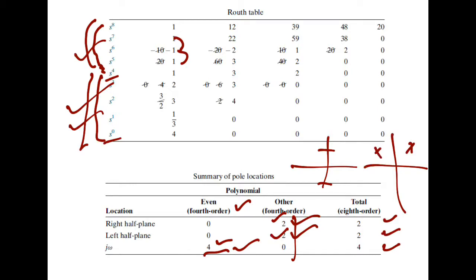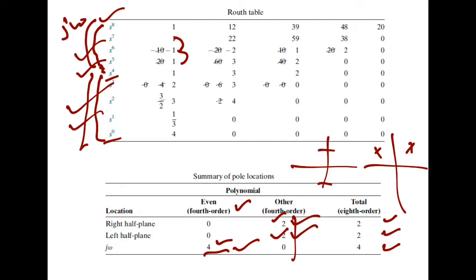From the top to the even polynomial, only right and left half plane roots are there, and no j omega roots are contained in this other polynomial.